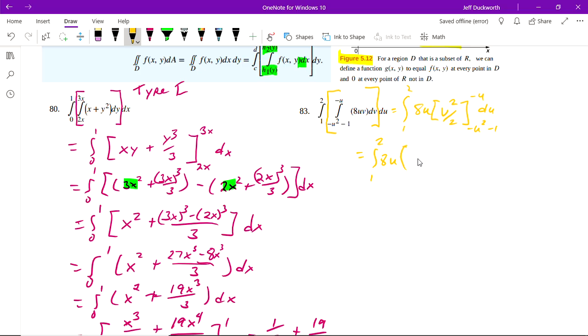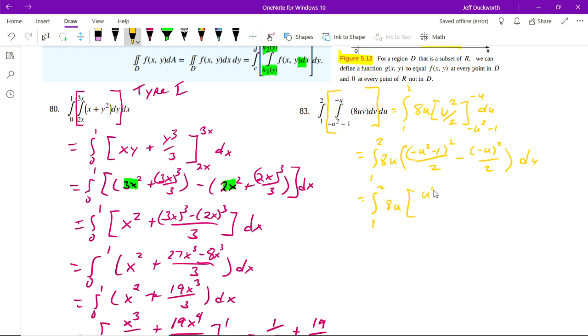Let's see, so I have negative u squared minus 1 quantity squared over 2 minus negative u quantity squared over 2. All right, let's do that FOIL.